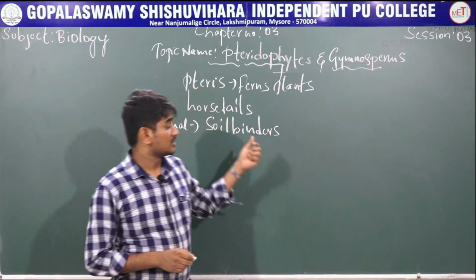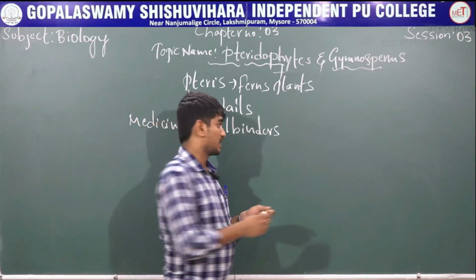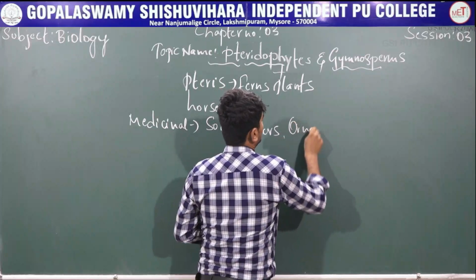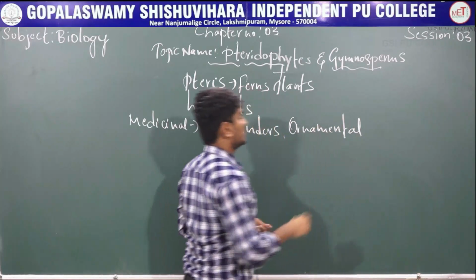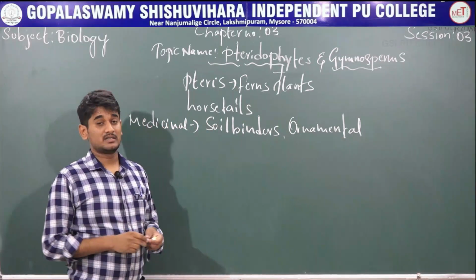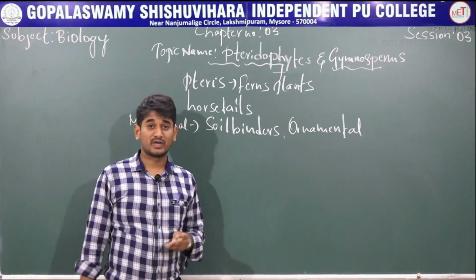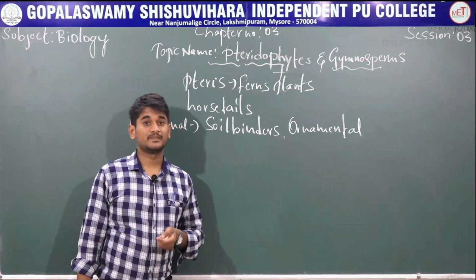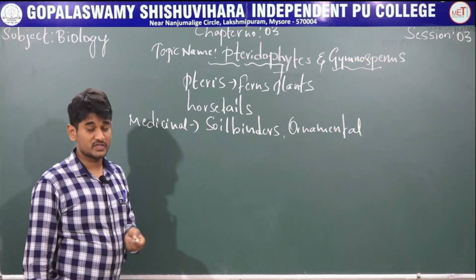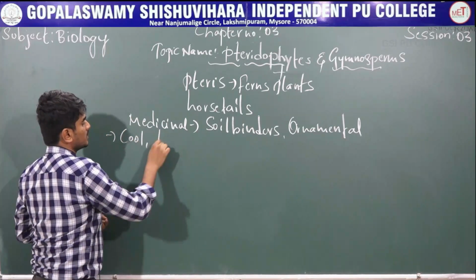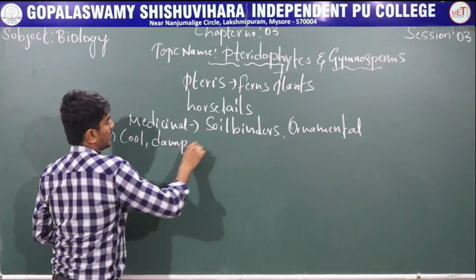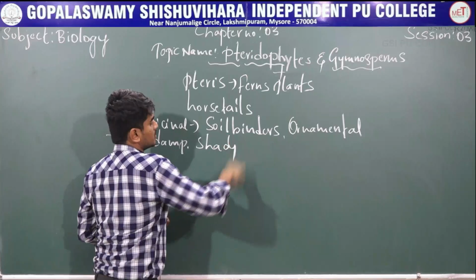They are also frequently grown as ornamentals because pteridophytes are bright in color. And these pteridophytes are found in cool, damp and shady places.